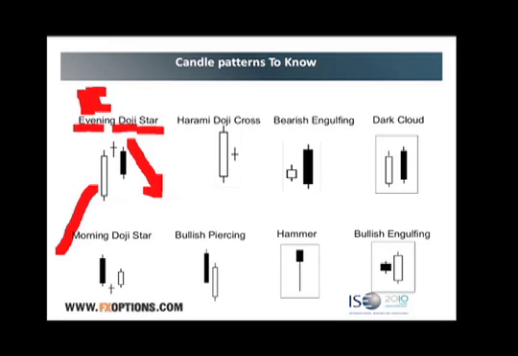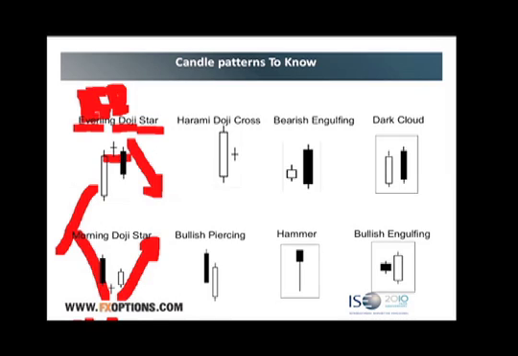Because evening stars, to be honest with you, didn't form often, but we would see many times dojis, and we would see what we call the low close doji show. The opposite is after a long downtrend, we get the morning doji star pattern, and that would be a bullish reversal. And once again, we also have what we call the high close doji.